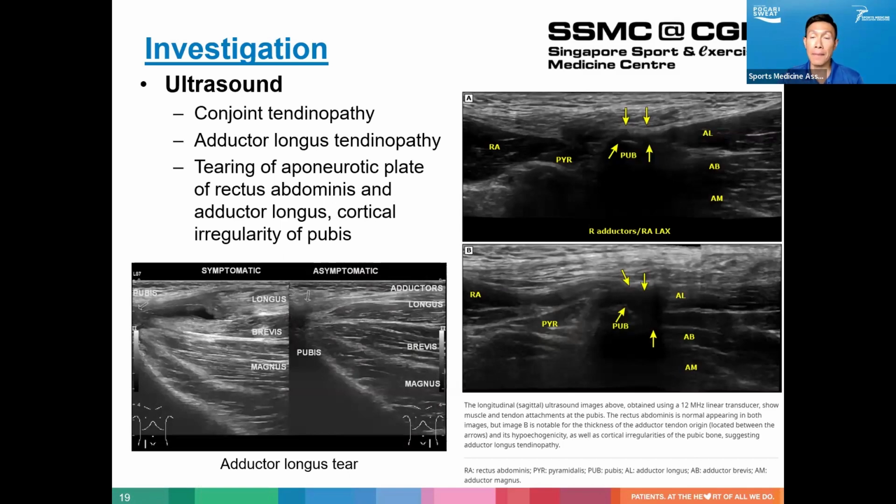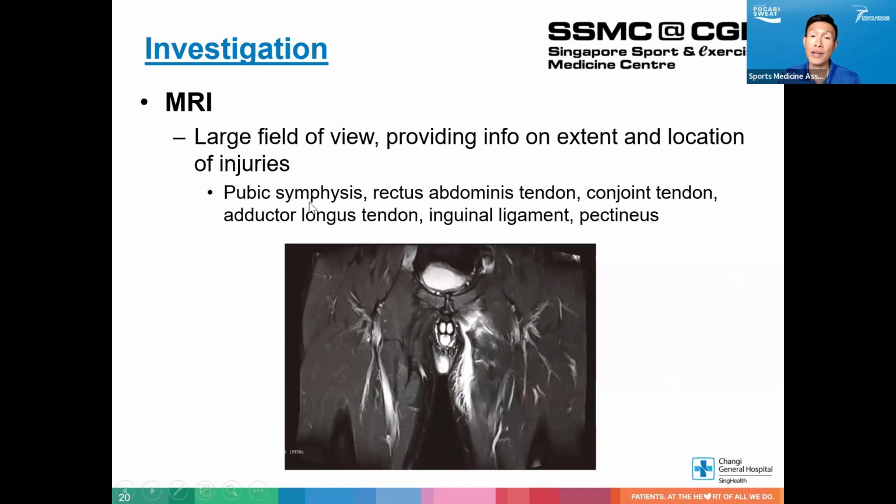Also it's a very narrow view, so it's very good for a screening kind of investigation. Most of us do order an MRI to further interrogate the region because it has a wide field and can provide more extensive information within the bone.